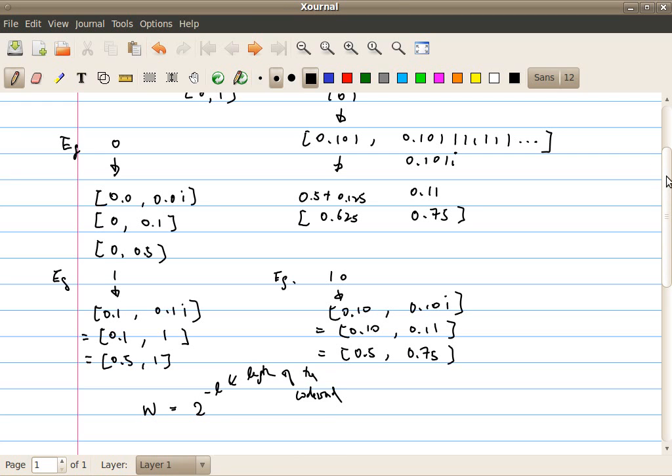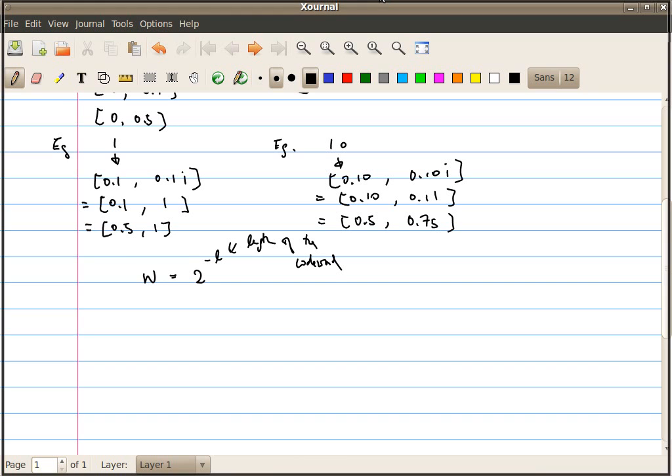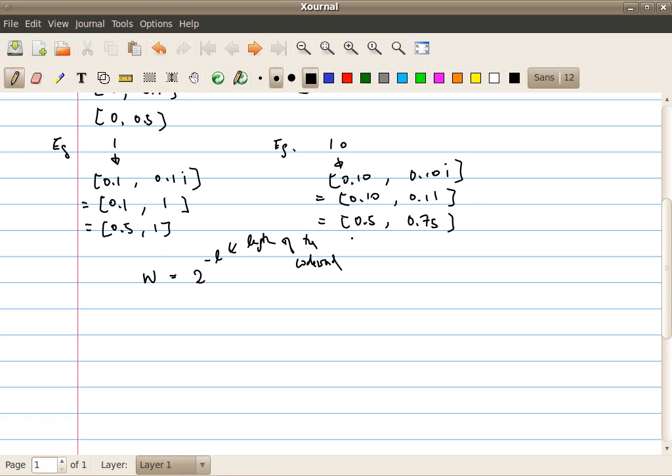Another thing we can observe is that if a code word is a prefix of another code word, then the corresponding interval of the first code word will include the interval of the second code word. This can be very easily seen. Let's say one code word is 101, and another code word is 10111.